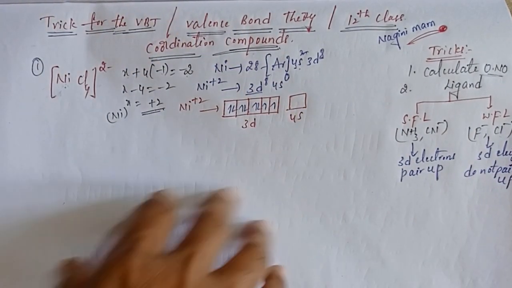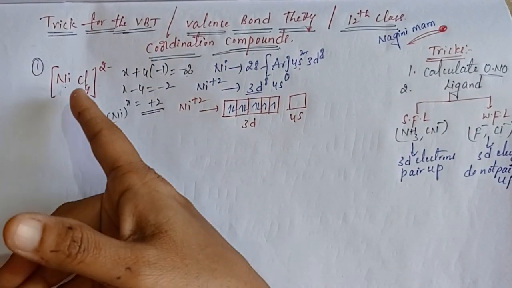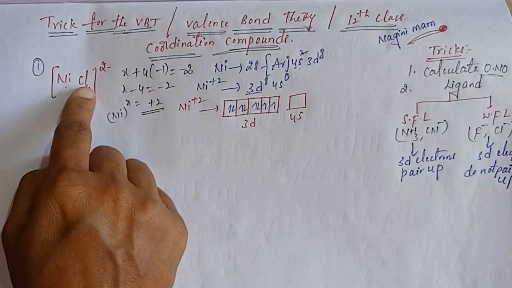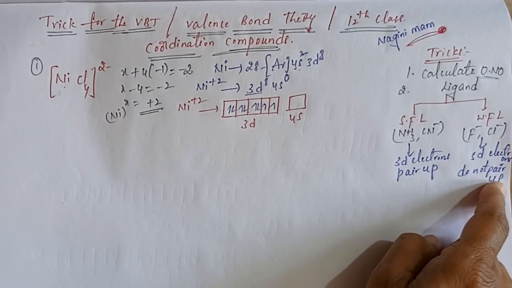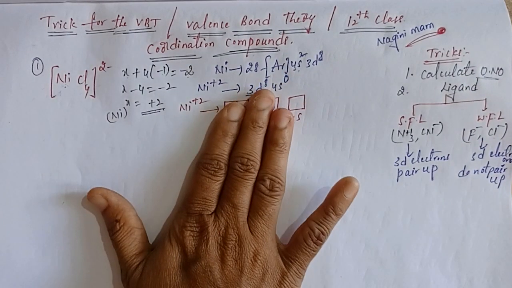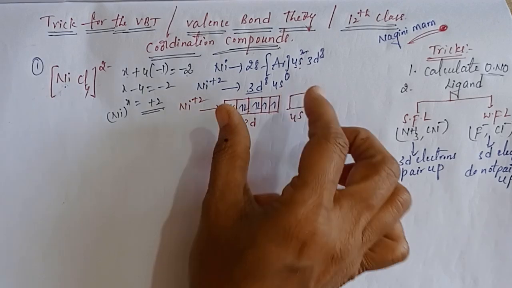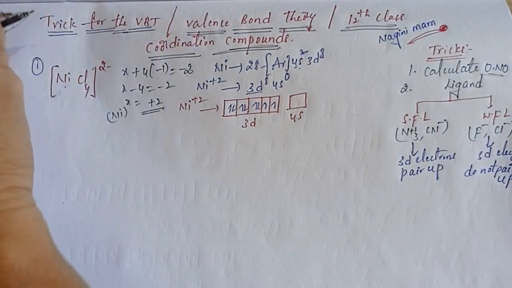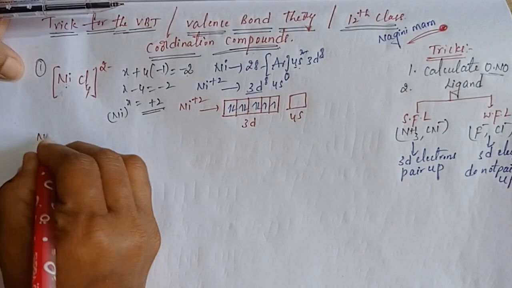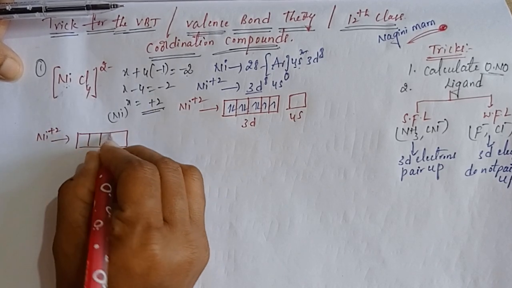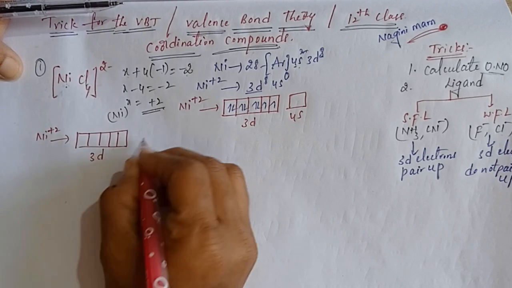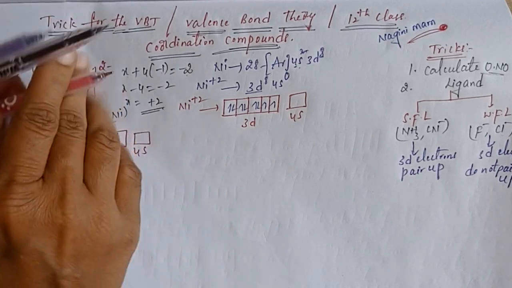Now you have to identify whether the ligand is weak or strong. Yes, chloride is a weak field ligand, so the 3d electrons do not pair up; they stay as they are. So I am writing Ni plus 2 again: 3d with 5 orbitals and 4s completely vacant.